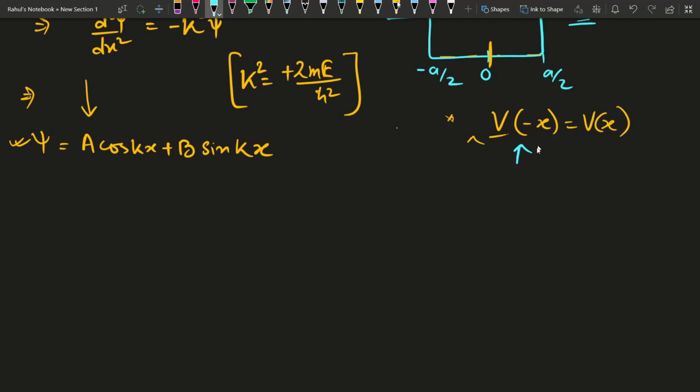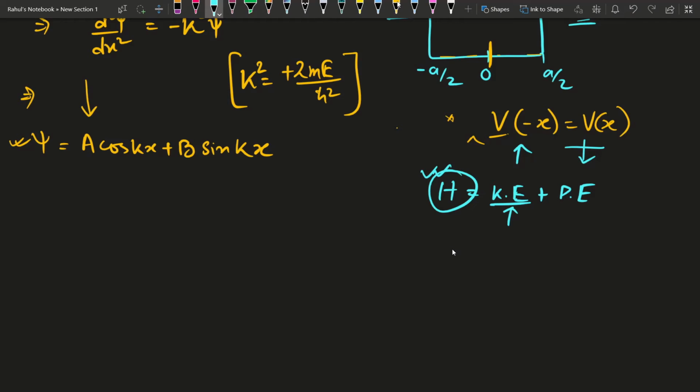Now as the potential here is a symmetric one, the corresponding Hamiltonian, which is nothing but kinetic energy plus potential energy, right? Now kinetic energy is always symmetric, and the potential here is also symmetric, so the total Hamiltonian is also symmetric here, right?